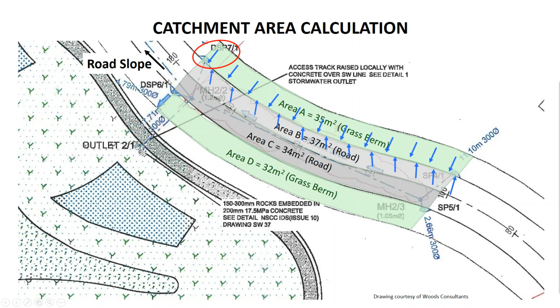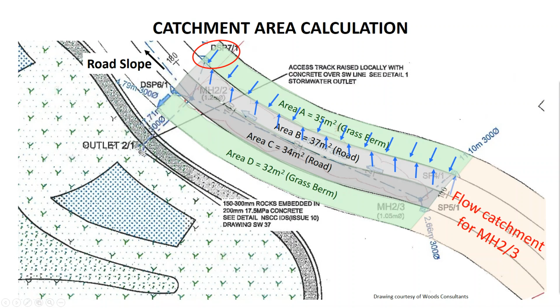We're going to add them together and figure out what the flow for this pipe is going to be. The thing to remember is that the catchment upstream of this is being taken by this manhole. These two splay pits will go into this manhole, and that will eventually feed into manhole 2.2. But for these splay pits, we're only concerned about what's happening in these areas around here.